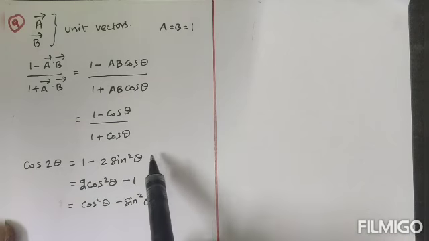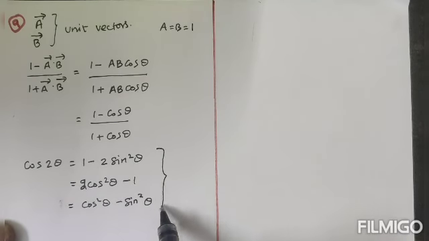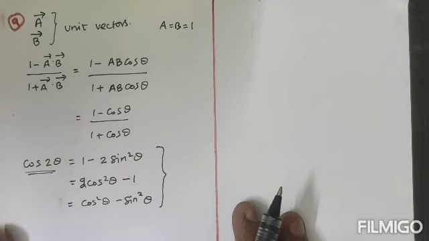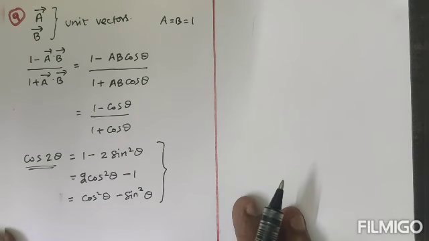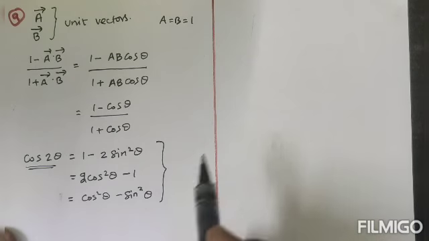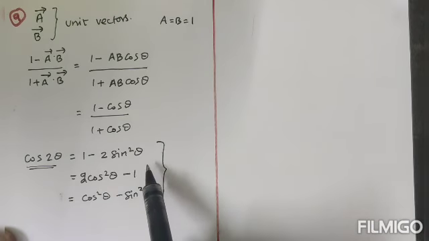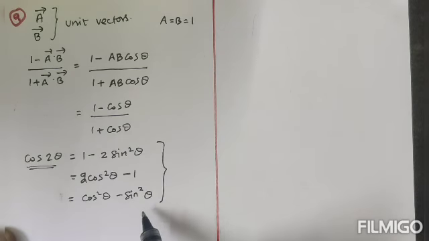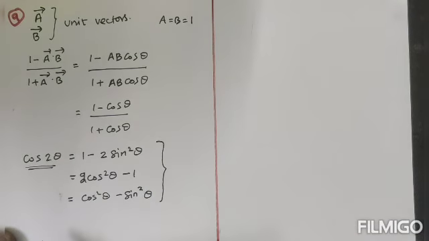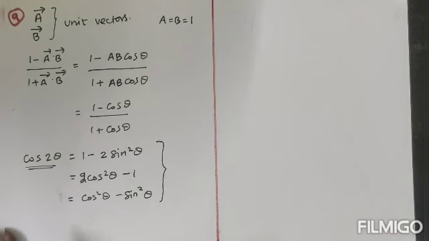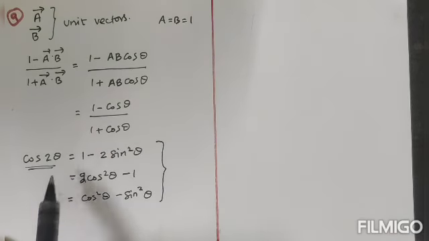So these are the 3 formulas for cos 2 theta. In this question we have to derive one by one, especially the first 2 ideas. The third idea is not needed, I wrote it for remembering purposes. First I want to derive 1 minus cos theta.